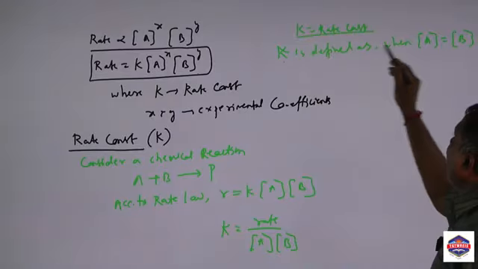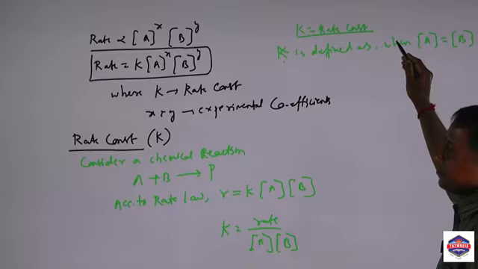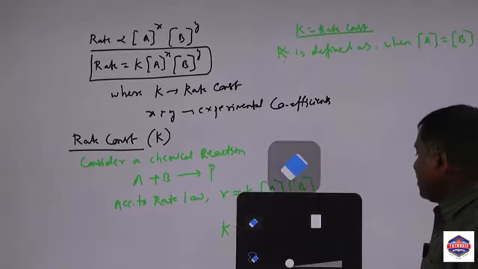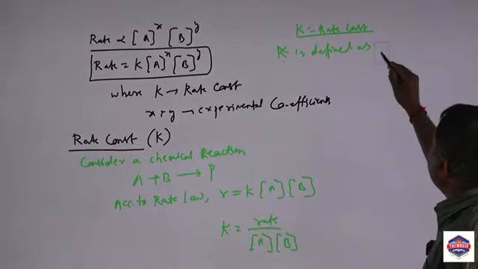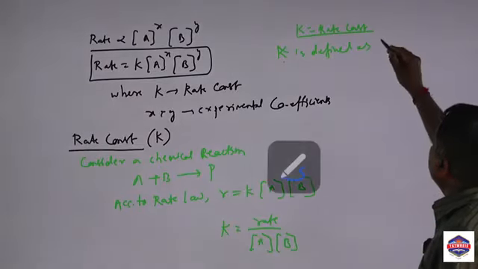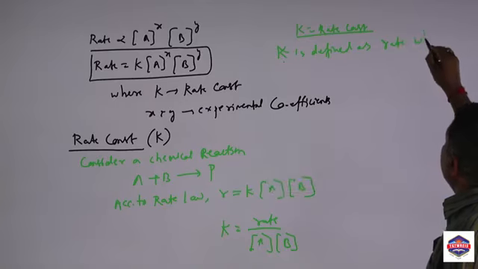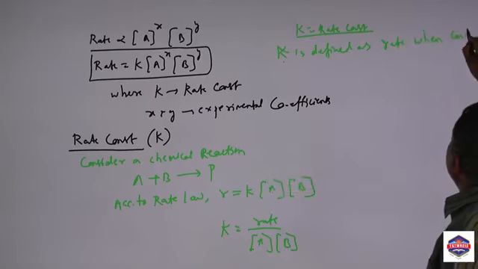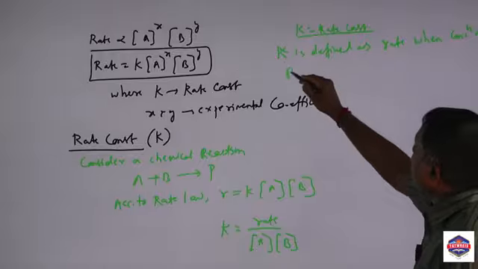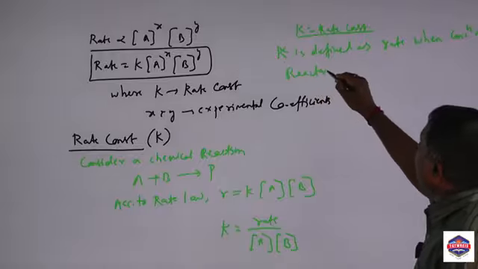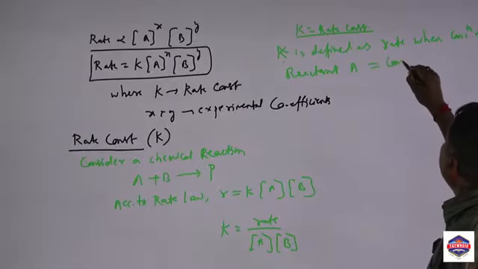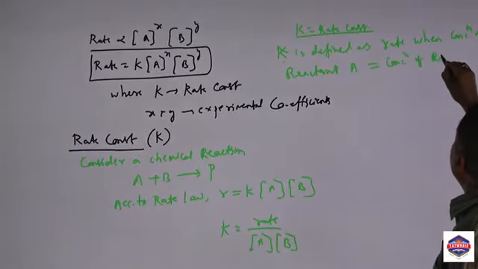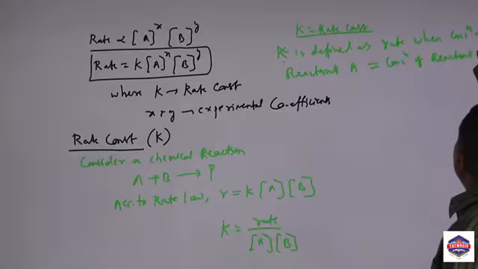So k is defined as rate when concentration of reactant A is equal to concentration of reactant B equal to 1 or unity.